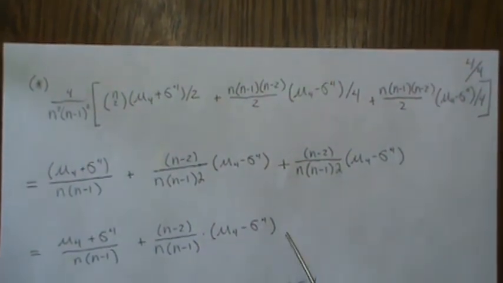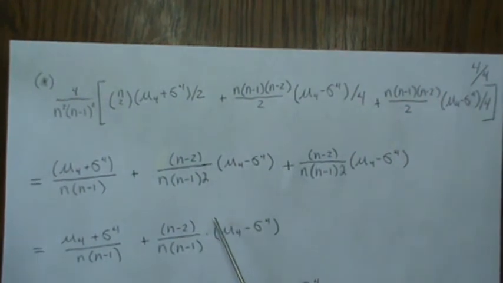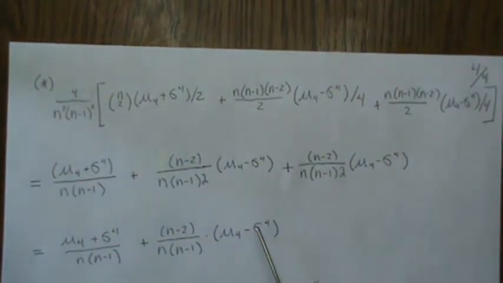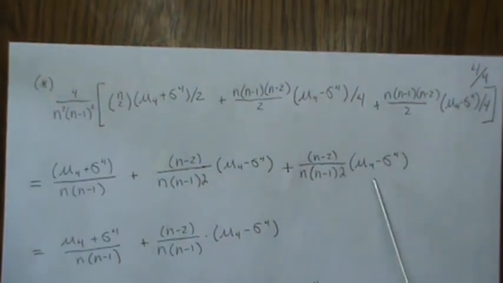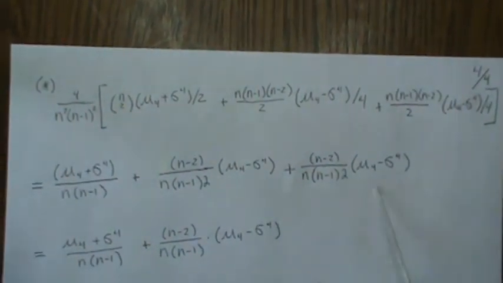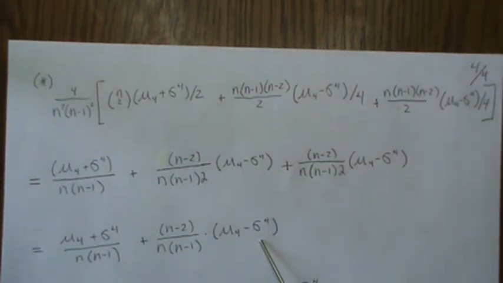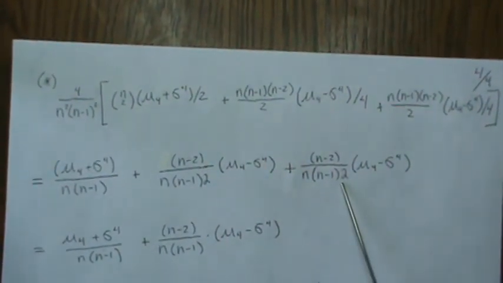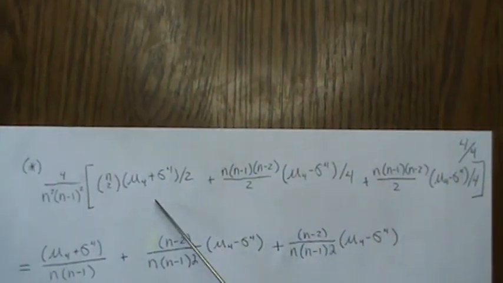Okay. Now we start combining like terms. So here we factor out a mu 4 minus mu squared. Oh, actually, in this step, I didn't combine them.